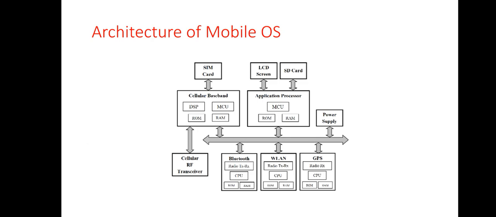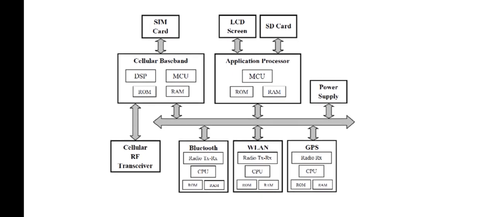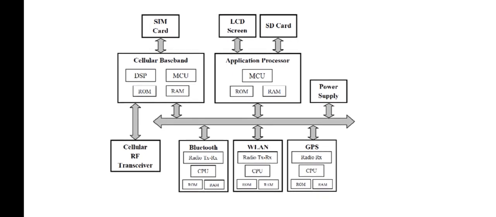Okay, so we see the structure or architecture of the mobile operating system. This figure shows the architecture of the mobile operating system. Every mobile has two types of data storage, that is SIM card storage and SD card storage. Android mobiles or smartphones are touch screen mobiles, so they have an LCD screen. The SIM card makes the communication between your mobile and your communication media.